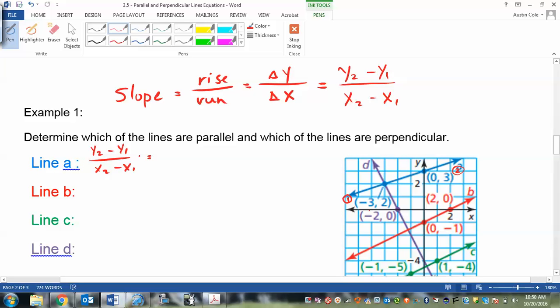What's y2 here, Brayton? 3. That's the y coordinate of our second point. So y2 minus y1. Alex, what's y1?